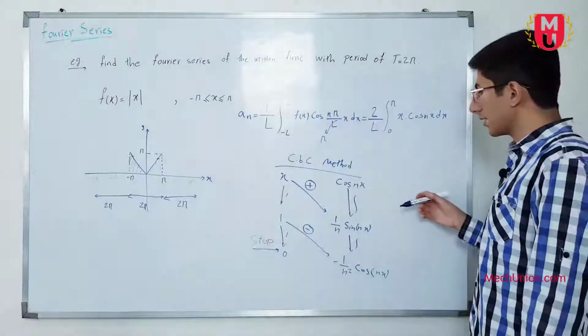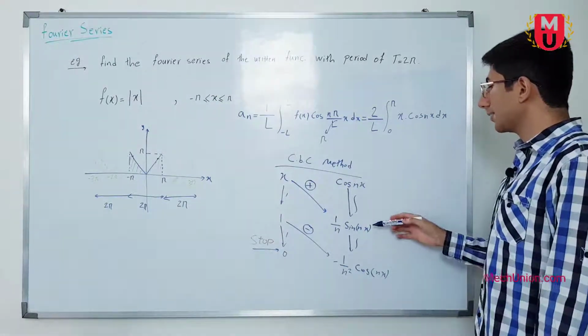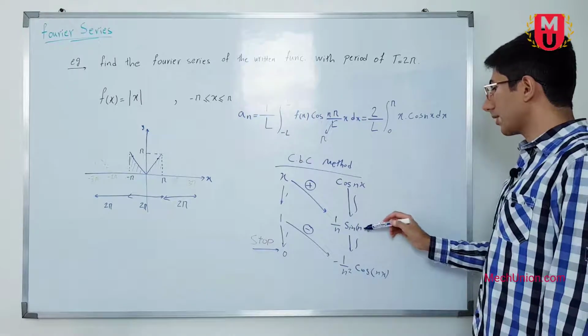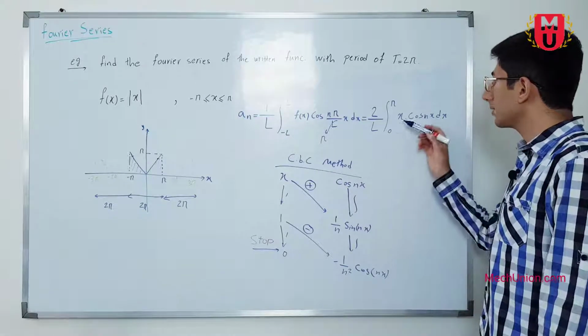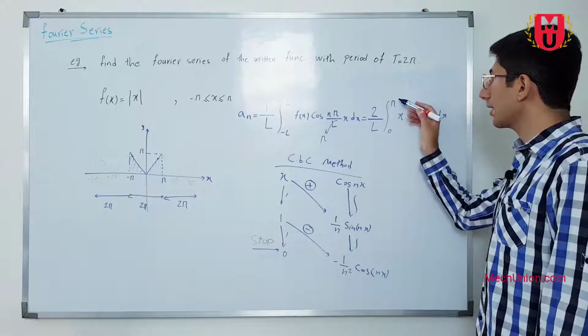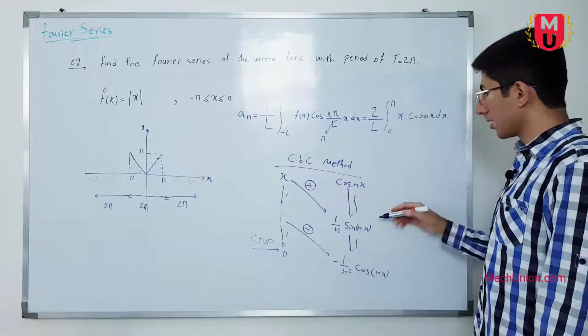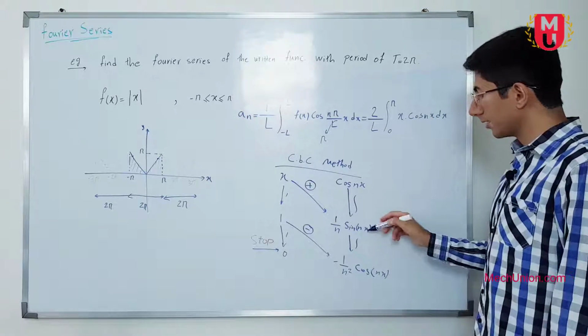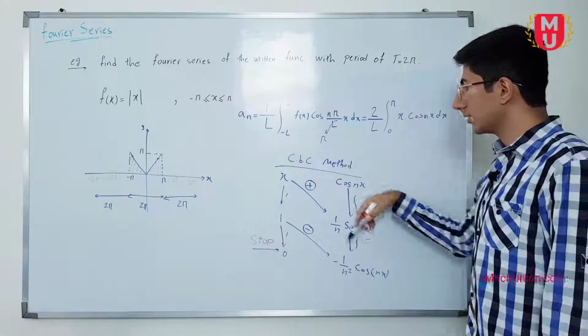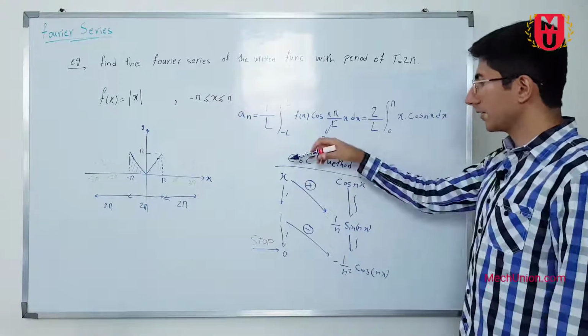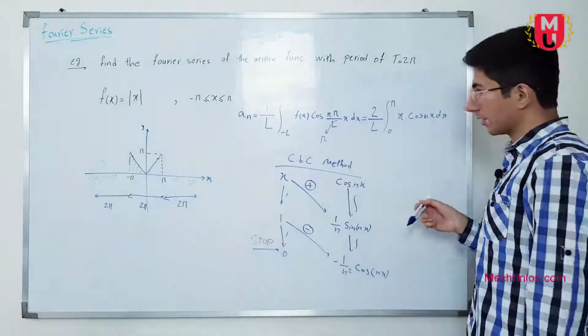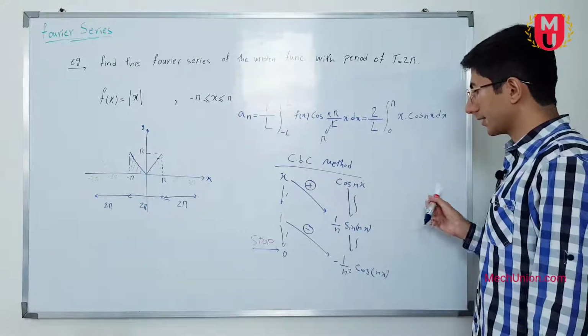I want to tell you a point that when you see the sine, and take a look at the boundaries, because our boundaries are 0 and pi, and make the sine function 0, we don't write down this. It will just cancel out to make the solution faster.